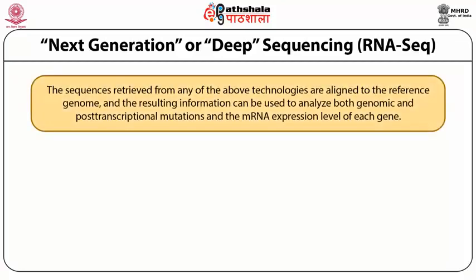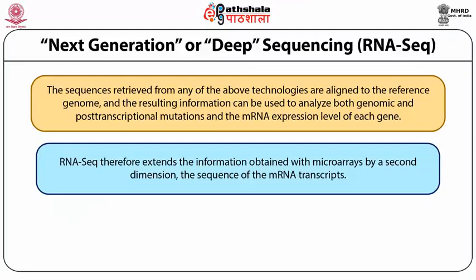The sequences retrieved from any of the above technologies are aligned to the reference genome, and the resulting information can be used to analyze both genomic and post-transcriptional mutations and the mRNA expression level of each gene.